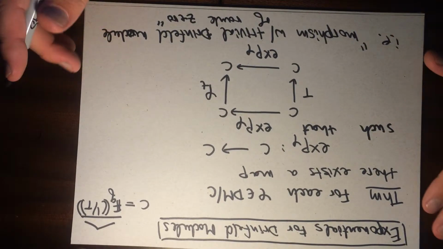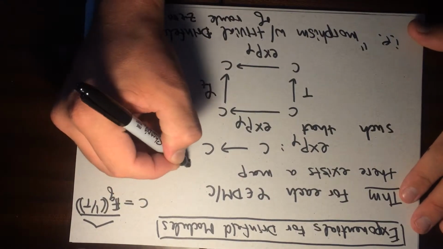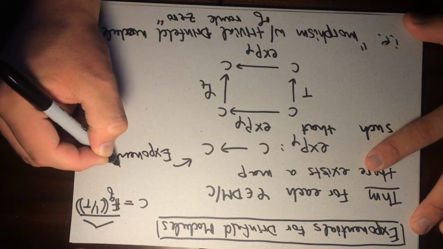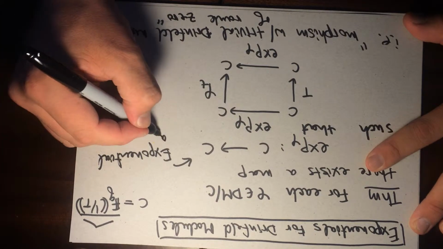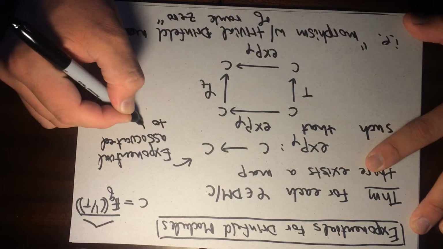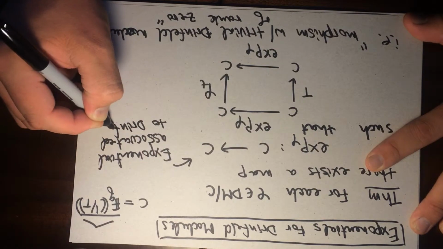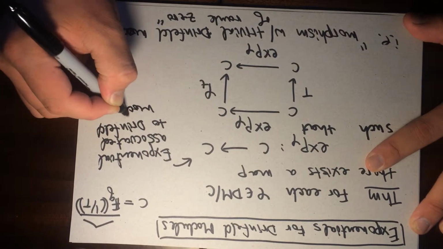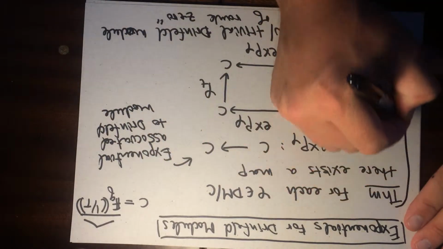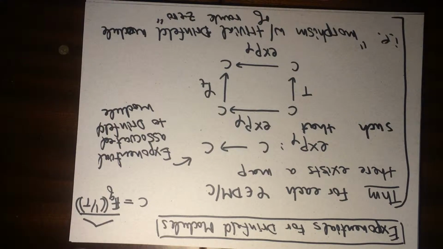Okay, so this map here is going to be the exponential associated to the Drinfeld module. Okay, so this is the theorem.